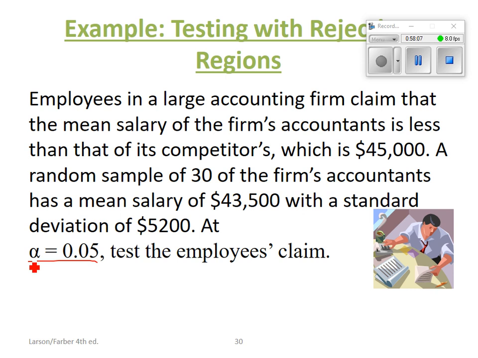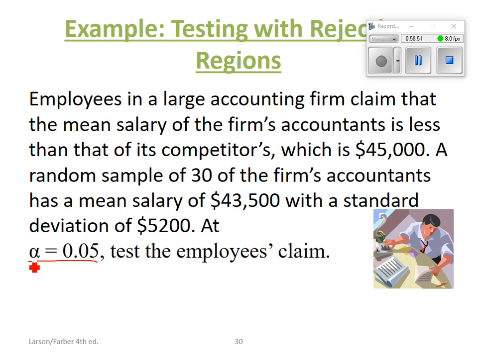Our HA was our claim, that's this column. And we failed to reject the null, so that's the bottom one, so we're looking at this box right here. Be careful when you're writing these because they all sort of say the same thing. There is not enough evidence to support the claim.